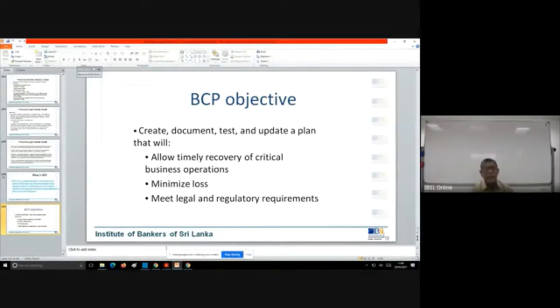Also remember, it's a legal and regulatory requirement for your organization. That's an important thing.